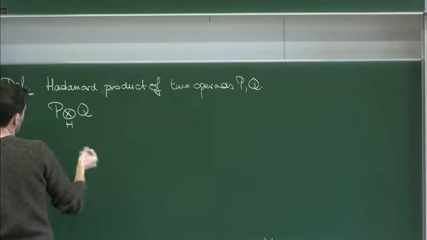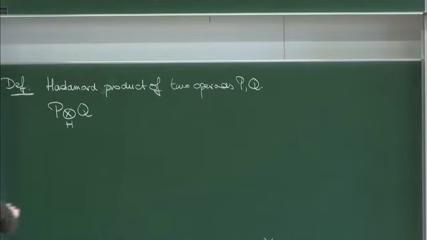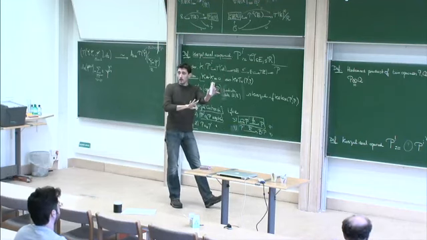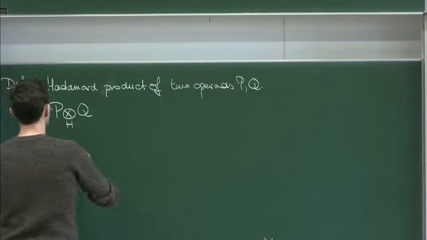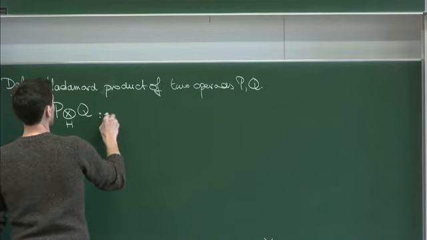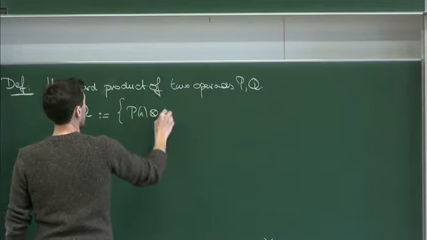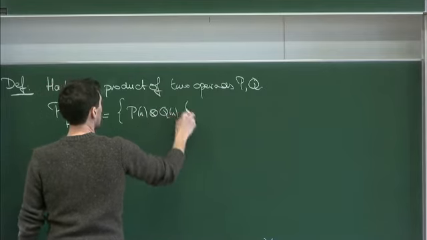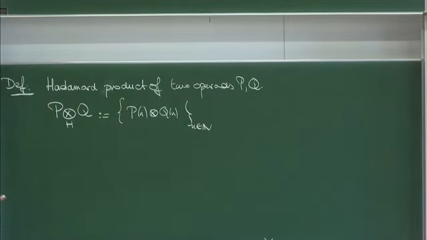H stands for Hadamard, can also stand for horizontal. Because in the composite product, you put guys one above each other. Here you're going to put them one next to each other. So what's that S module? You consider in arity n, P(n) tensor Q(n). You just put them one next to each other, okay?